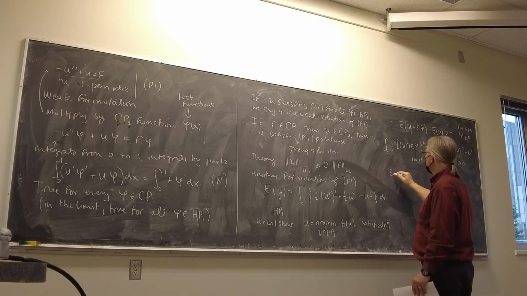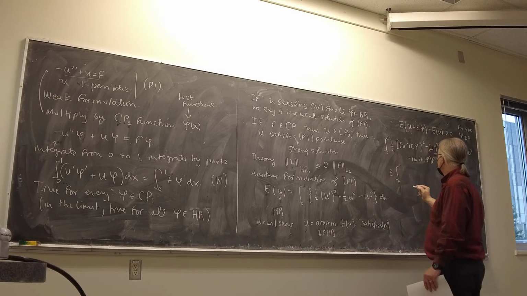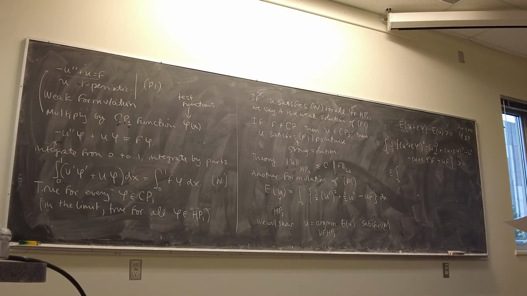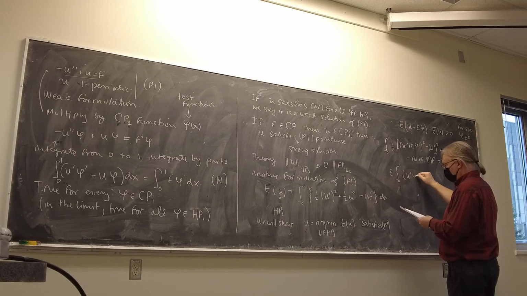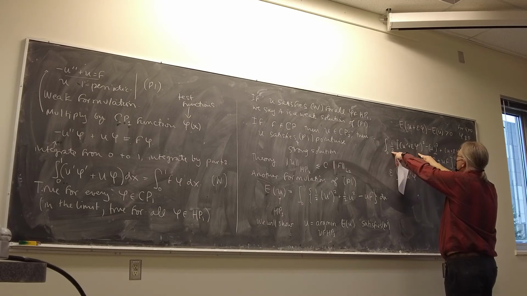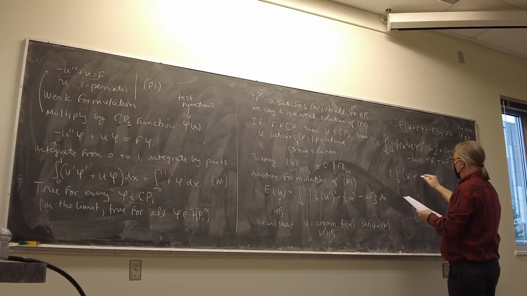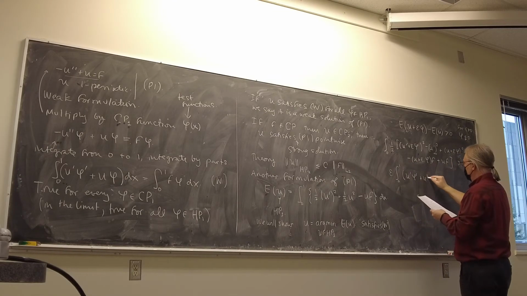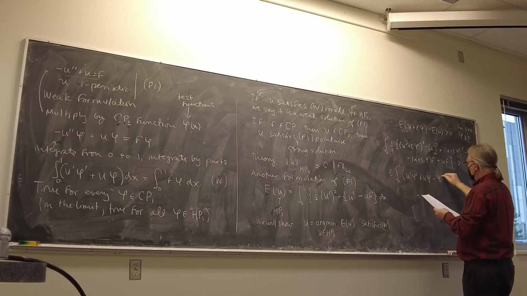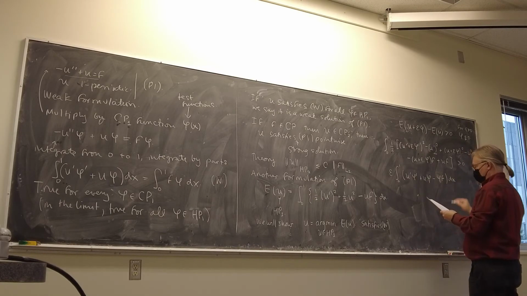Right, so let's look at what's left. There's some epsilon stuff. And what does it look like? u prime phi prime, because there's two of them and a half. And then there's a u phi, same thing, minus phi f.